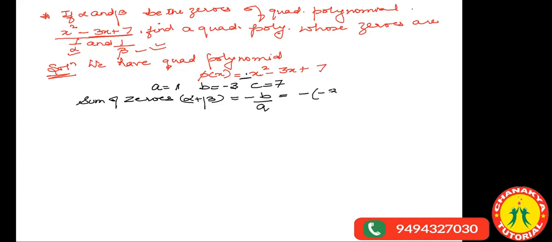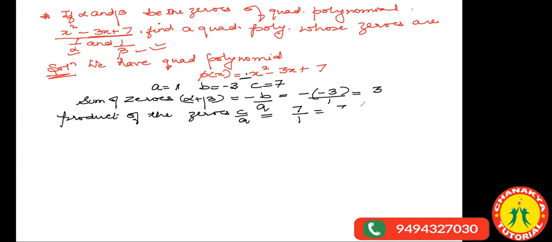Minus, value of B is minus 3 and value of A is 1. Minus minus plus, so 3. Now the product of the zeros, C by A. Value of A is 1, so 7 by 1. This thing you children already know, right?